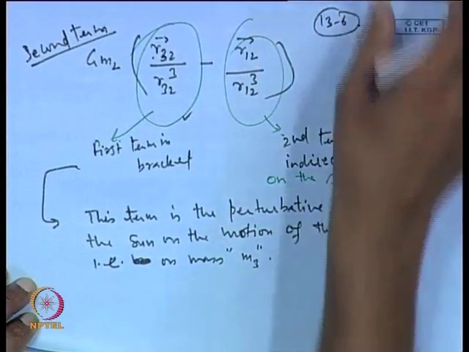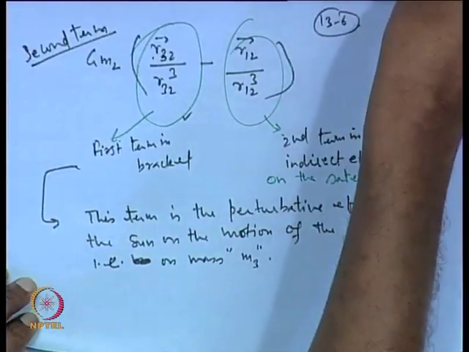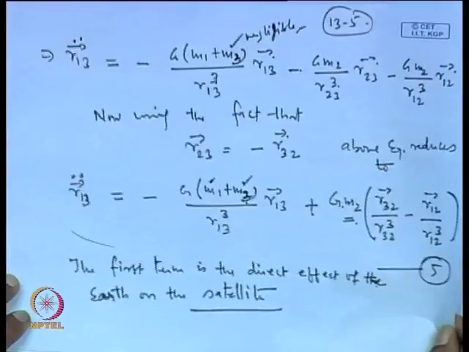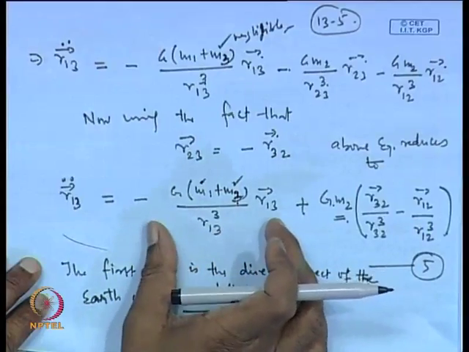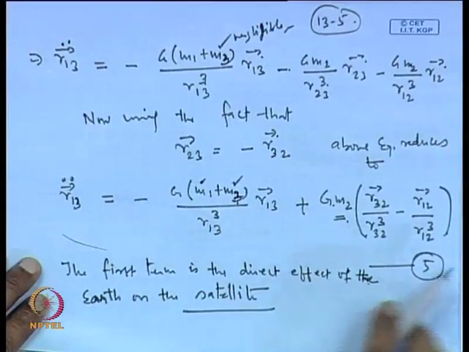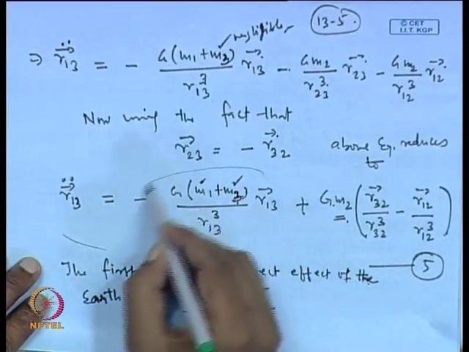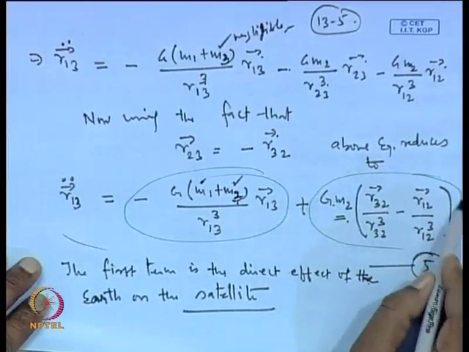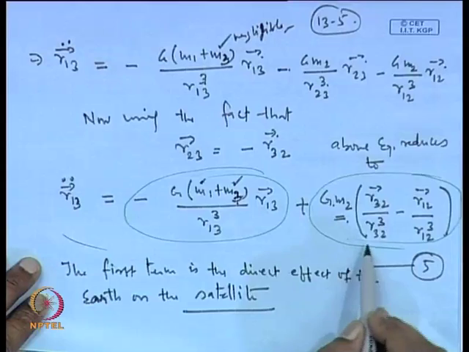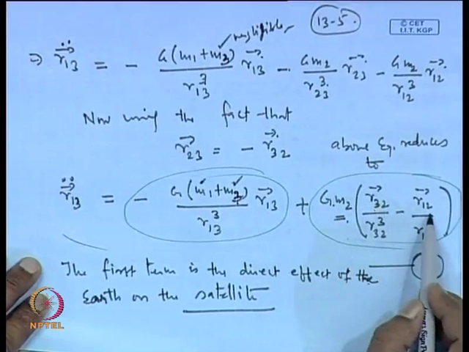So, thus we see that the equation of motion of the mass m3 consists of altogether two terms. The first term is the direct effect of the primary body on the satellite, and the second term consists of the perturbation term due to the sun. One is directly, another one is indirectly.